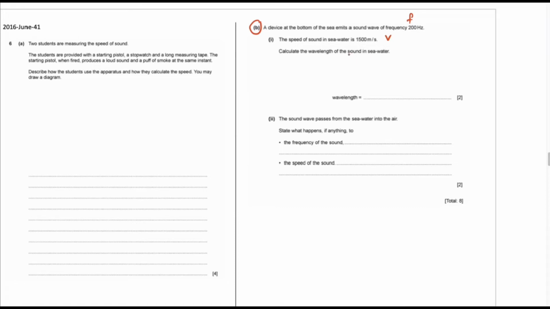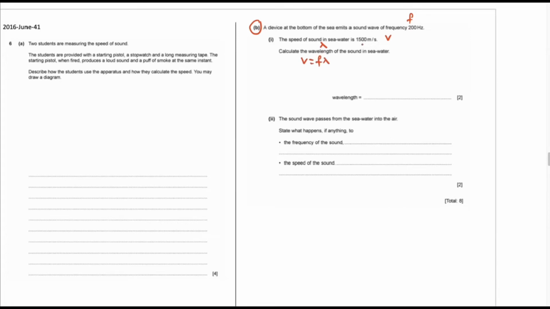Are you able to think of what formula to use? Wavelength is lambda. So you see f, v, and lambda, so you have to think of the formula v = f lambda.